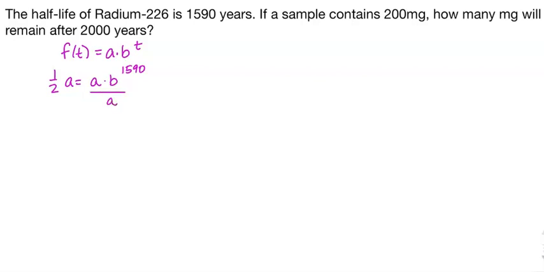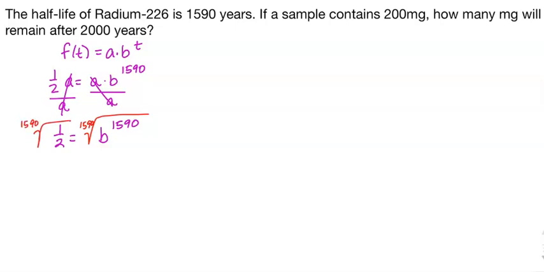If I divide both sides by a, the a's cancel, and we're left with 1/2 equals b to the power of 1,590. Since I'm interested in solving for b, I'm going to take the radical with an index of 1,590 on both sides of my equation.